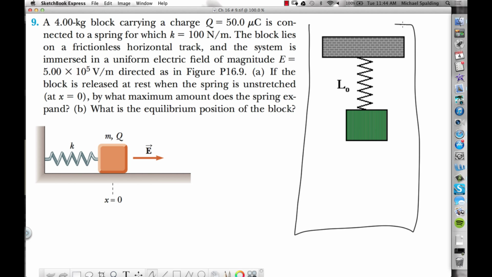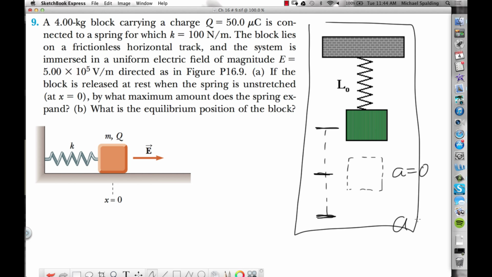This mass goes down to here and bounces back and forth. Where would the equilibrium be? Directly in the middle. Right in the middle, acceleration is 0.